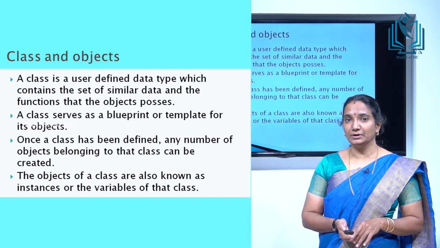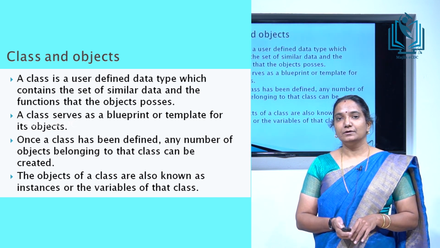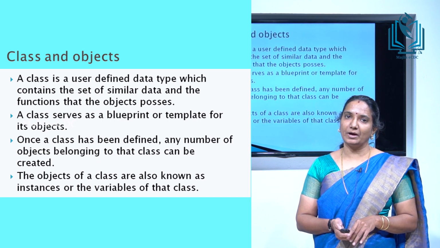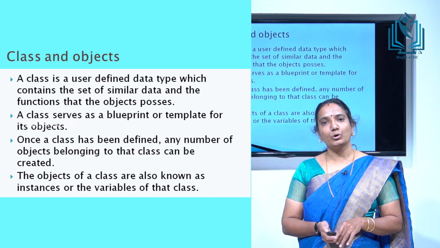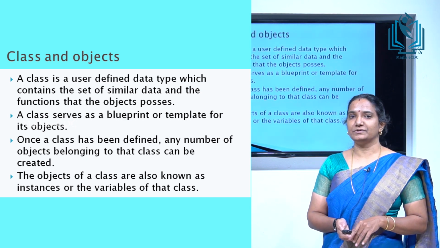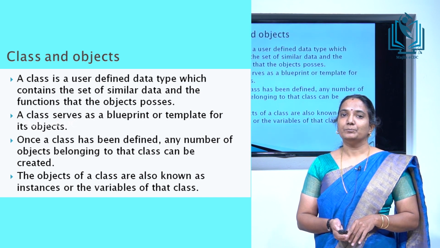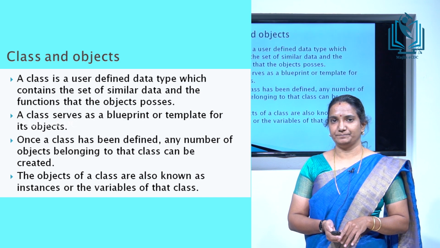Primitive data types are built-in. Non-primitive data types are not defined in the programming language, but are created by the programmer according to their needs. So, class is a non-primitive data type that the programmer creates according to their need.